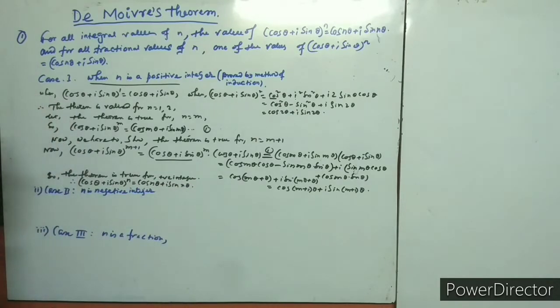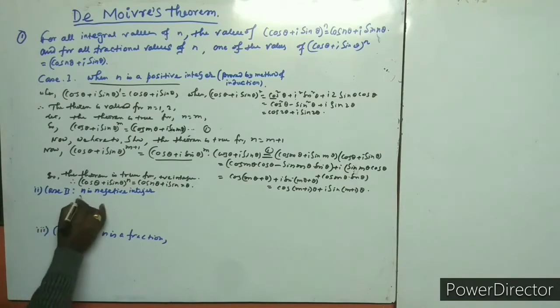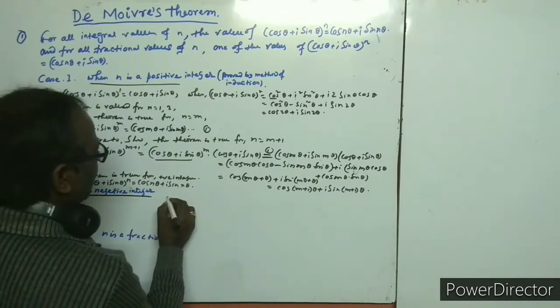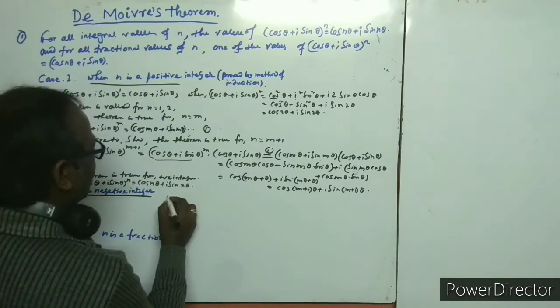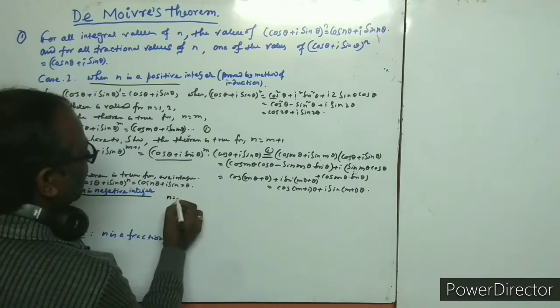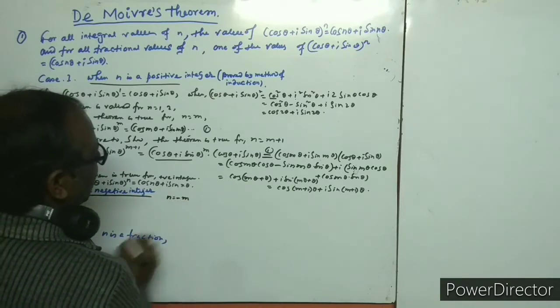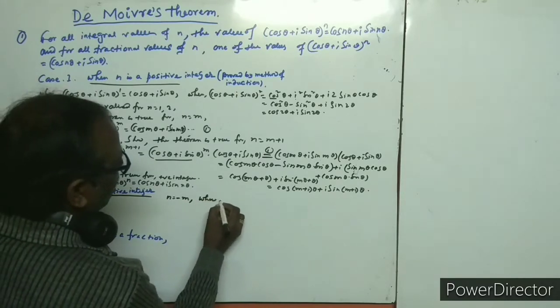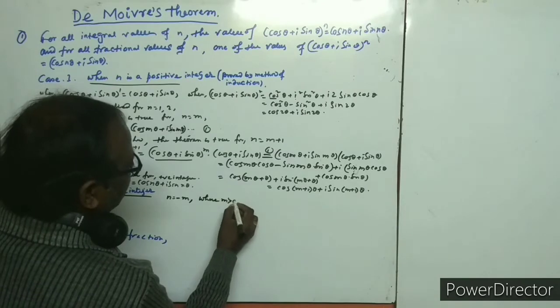Now case number 2, we have to show it when n is a negative integer. Let n be a negative integer, that is minus m, where m is more than 0.